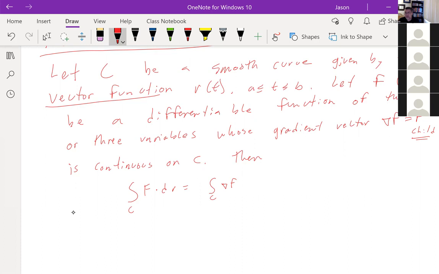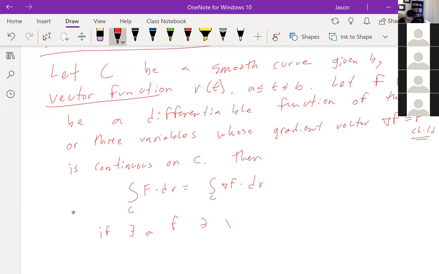It's reversed. F is really the anti of the partials. This is gradient f dot dr, and this will become a lot more clear as we go through these examples.